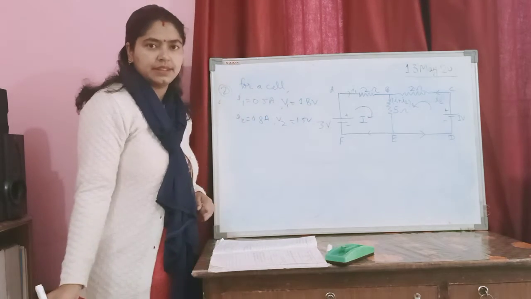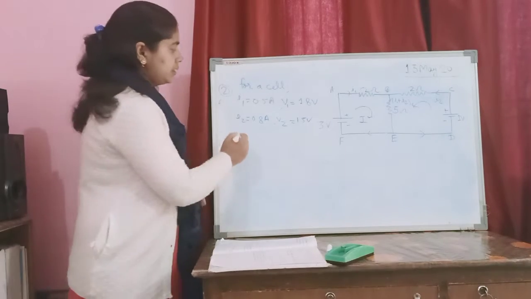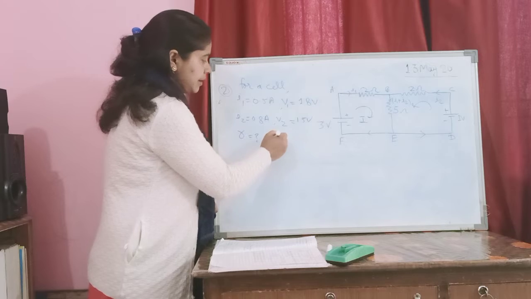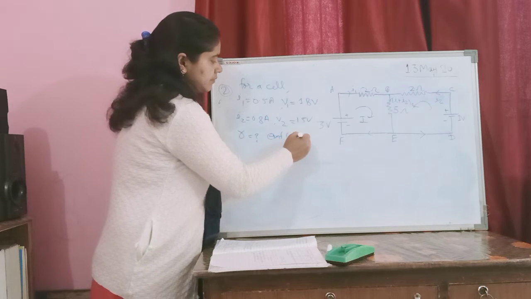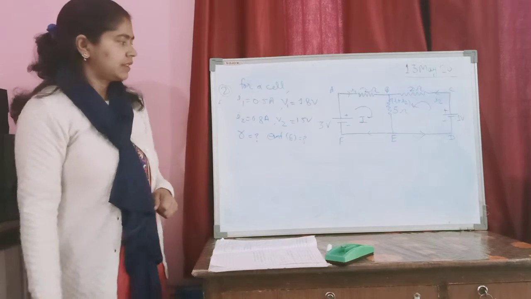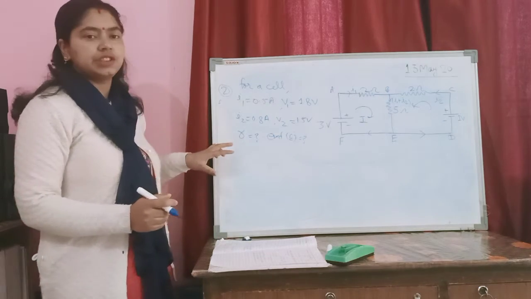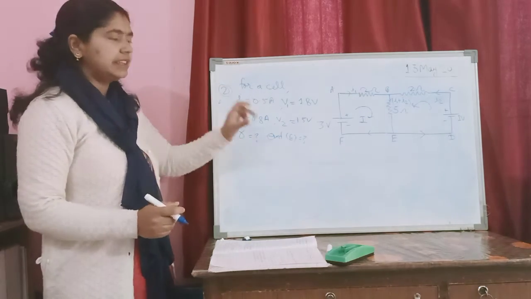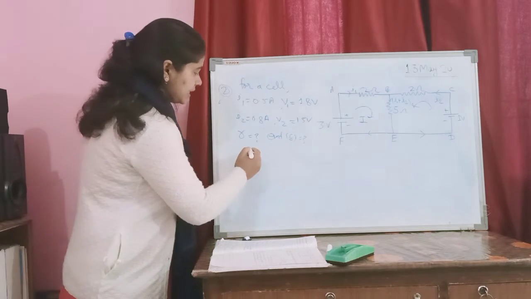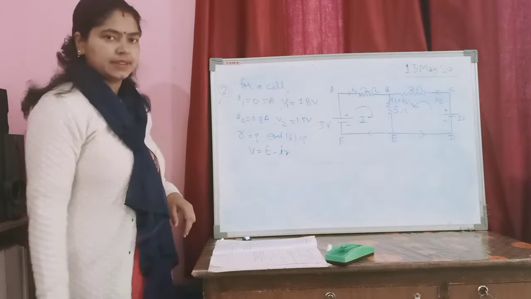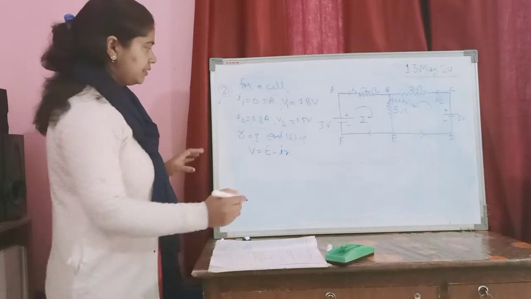We have to find the internal resistance of the cell and the EMF of the cell. We know there is a relation between terminal voltage, EMF and internal resistance of a cell, that is V equal to E minus IR. We can apply this relation.